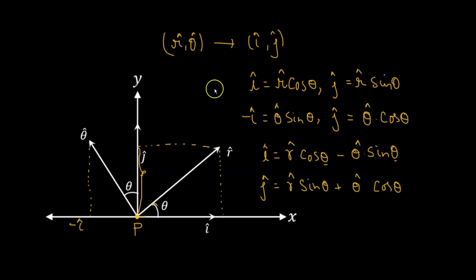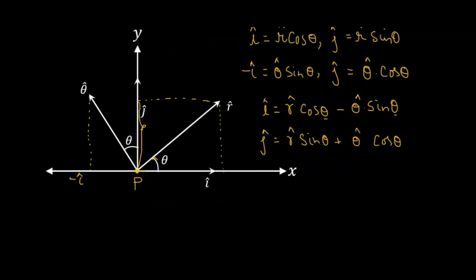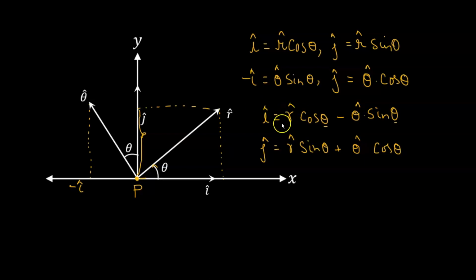Now if we want to go the other way around, that is we want to go from i cap j cap to r cap theta cap, here let's consider this equation, i cap equals r cap cos theta minus theta cap times sine theta, and the equation for j cap. Both of these two equations we can write in the form of a matrix equation.